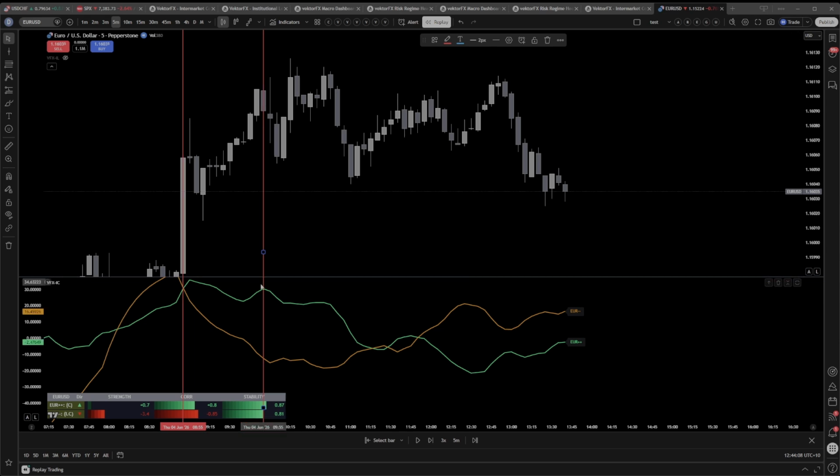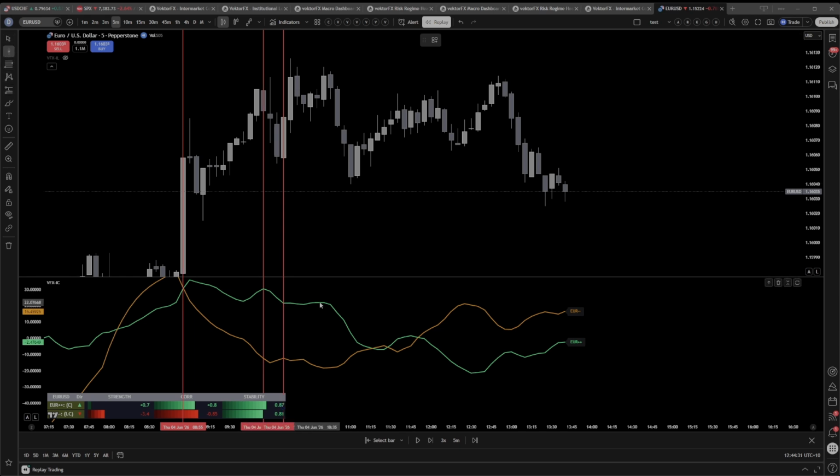Up to this point here, when the opposite starts to happen. So we'll mark out this area here. Now, why does price come down here? The US dollar is getting stronger, the euro is getting weaker relative to each other, so price drops.